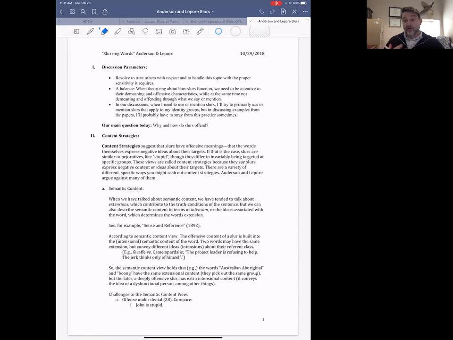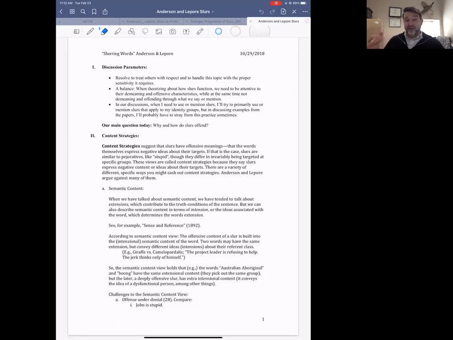So at most, we're going to be mentioning these words, referring to how other people use them, but not using them ourselves, certainly not using them to denigrate anyone. But we still need to be mindful, because it is an important aspect of how these words function. We need to be mindful of the negative aspects of these words, their demeaning and offensive characters.